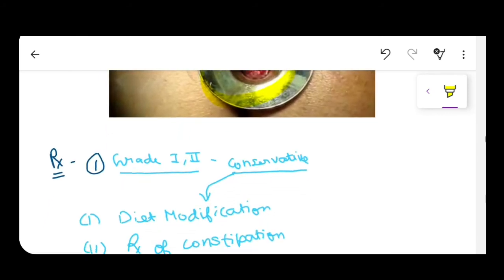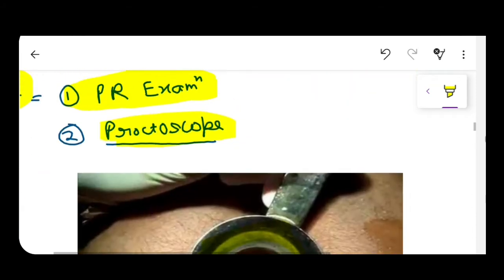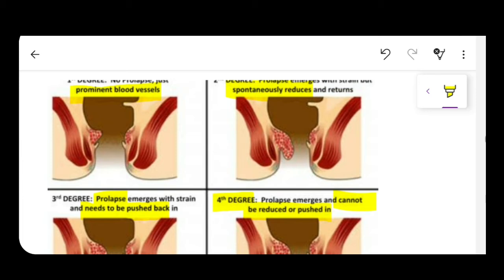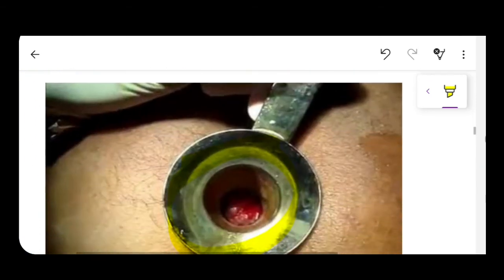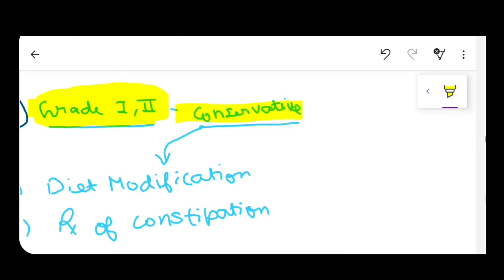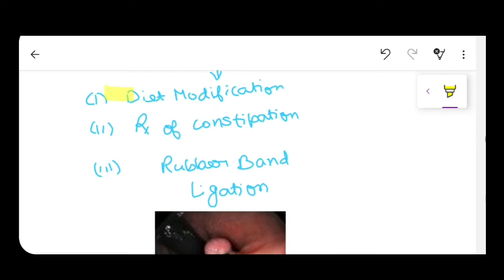Now guys, what is the treatment for hemorrhoids? It is based on the grading. So for grade 1 and 2, we use conservative treatment, which means there is no surgery. So what are the different treatments for this? First of all, we can modify the diet of the patient.